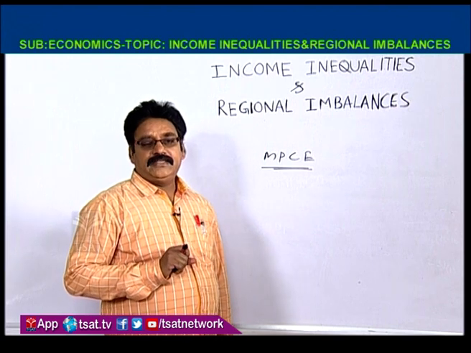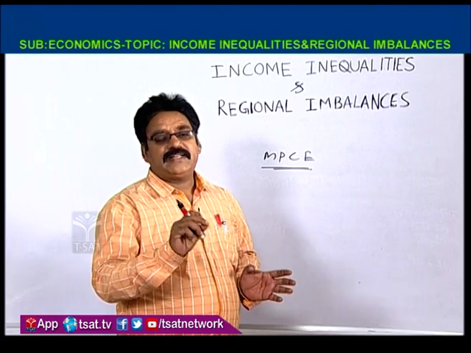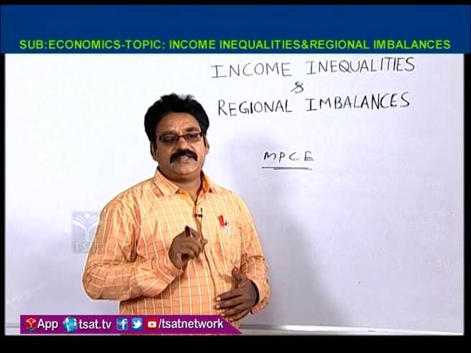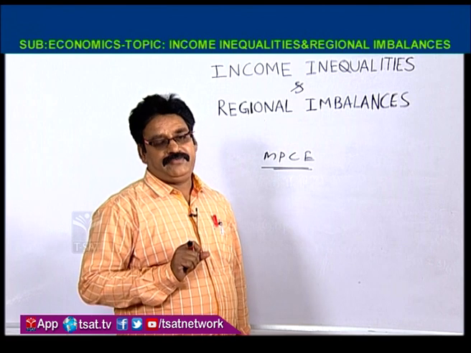If we observe that, 67% of the operational holdings come under the category of marginal holdings. Marginal holdings means less than 1 hectare. If a person has less than 1 hectare of land, that person is called a marginal farmer. 67% of the total land holdings come under the category of marginal farmers, and their operated area is only 22.2%.